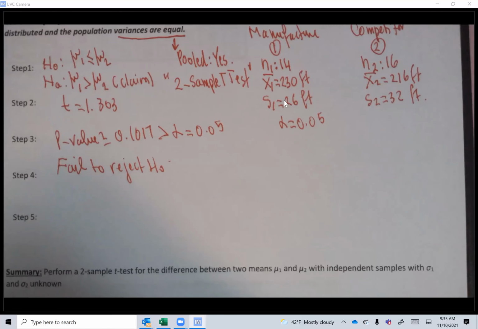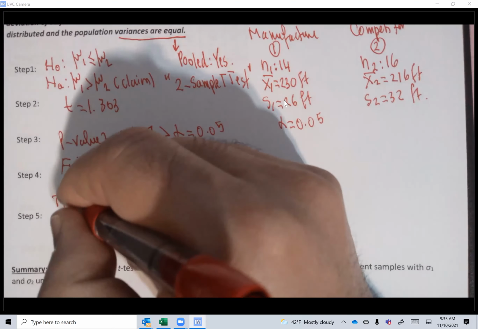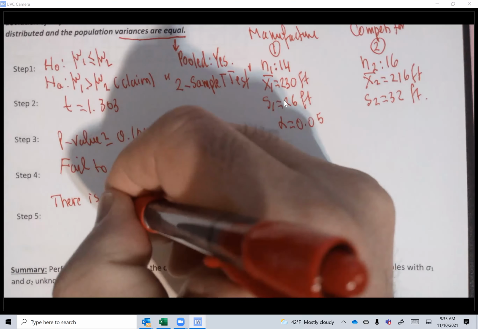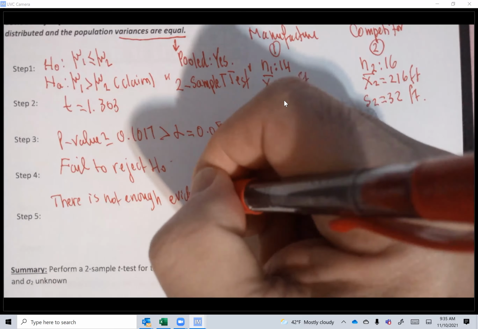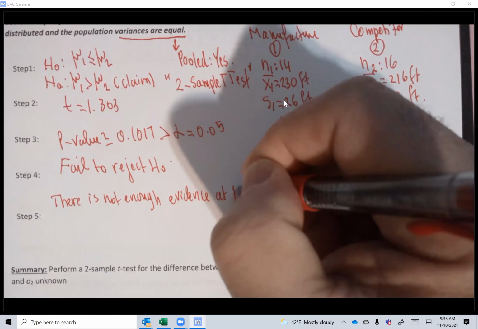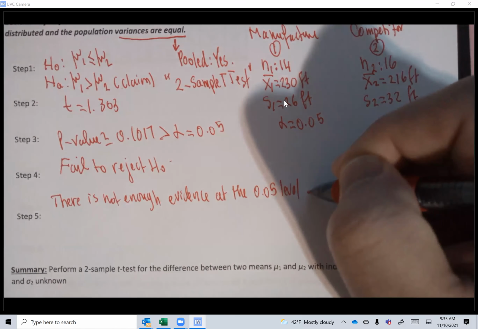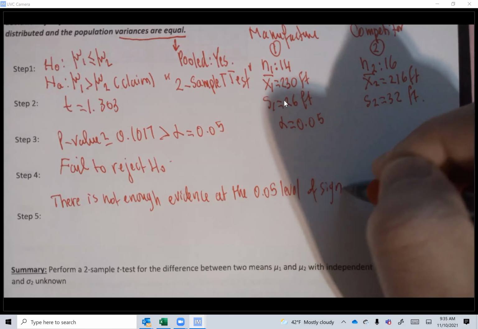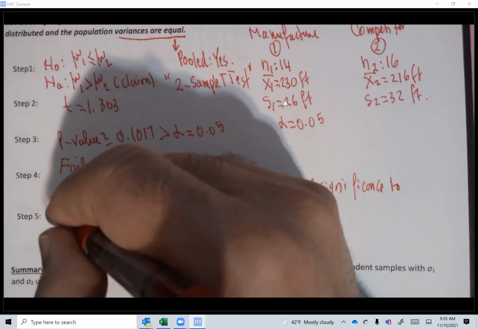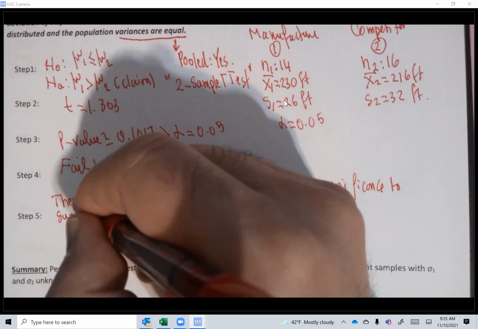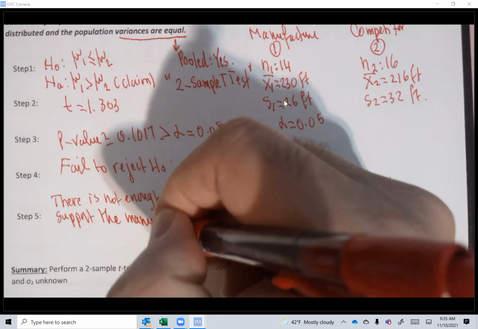There is not enough evidence to support the claim at the 0.05 level of significance to support the manufacturer claim. And you can write the claim.